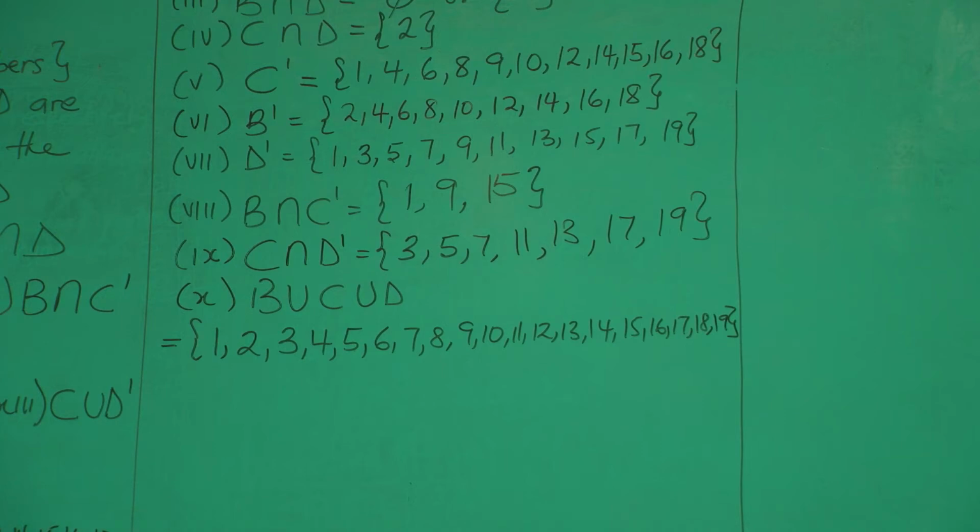So obviously, all the 3 sets put together, we are obtaining the universal set.